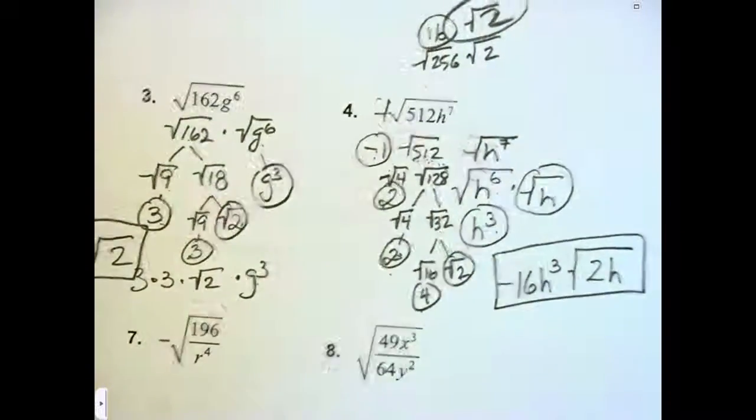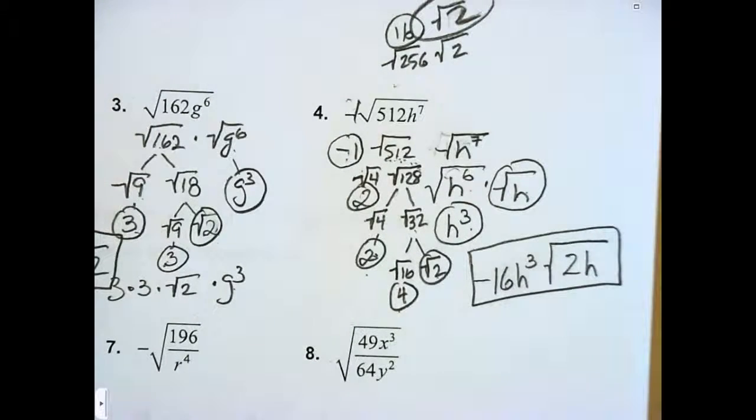Would it be negative? You always leave it in radical form unless it's a perfect root. You can't change it to a decimal. It's a never-ending, non-terminating decimal.